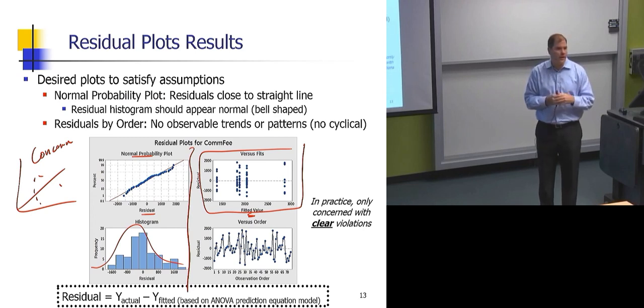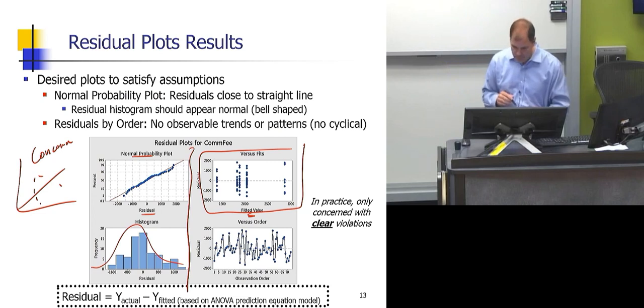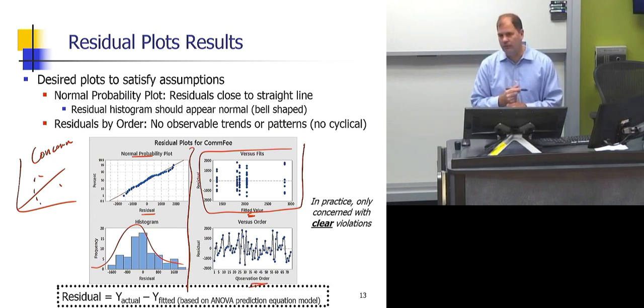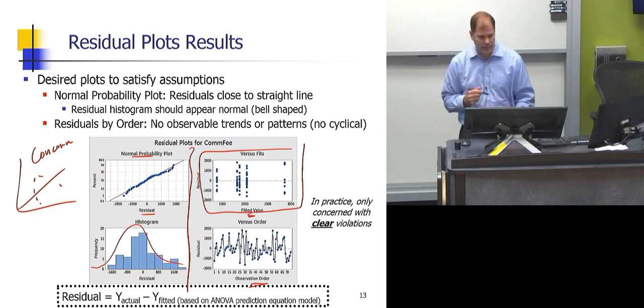What we'd like to see there is a similar range at each level. Sometimes it looks like a funnel where we have a lot of variability at certain levels and very little variation at other levels. This would be a concern. When we put the data in order, we're looking for any time trends. If we don't have our data in order, we should ignore that graph, unless we know the order in which we collected it.